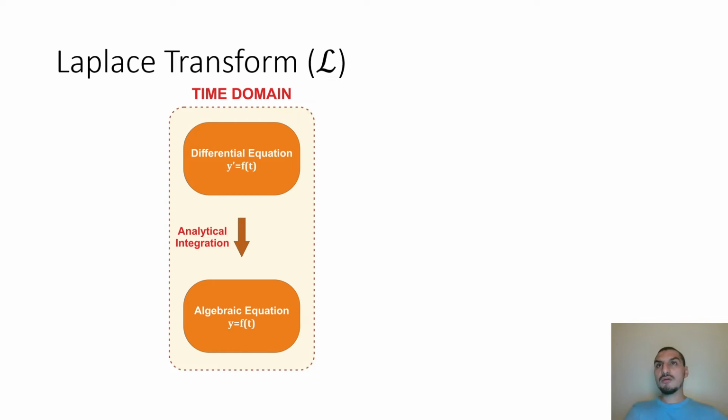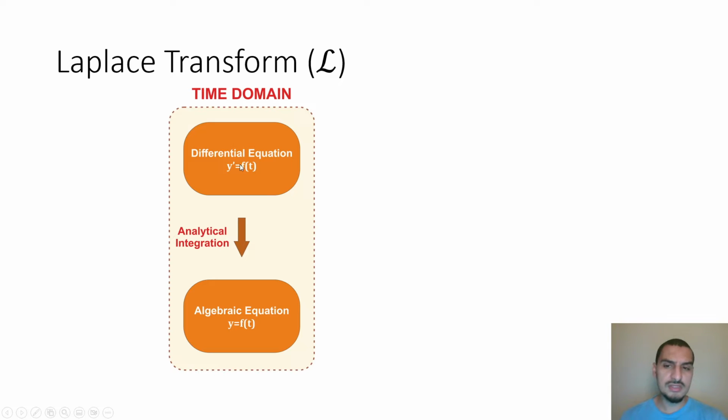What we're going to do with the Laplace transform is kind of similar to what we do here. This is what we do for any differential equation in the form y dash equals f of t. So y dash is the first derivative of y with respect to t, for instance dy by dt.